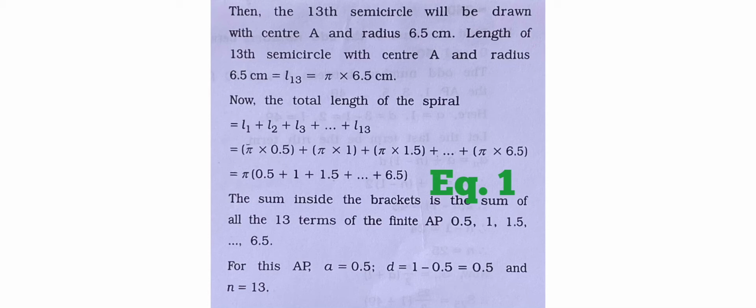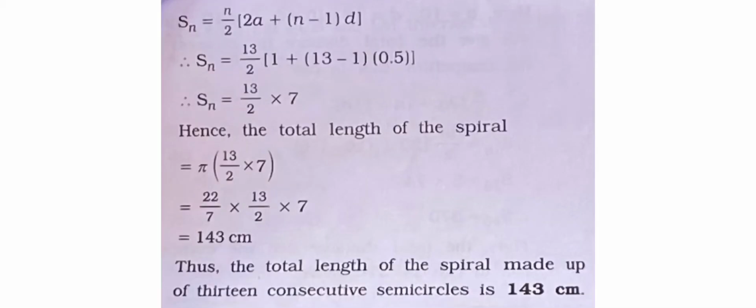Since it is forming an AP, our first term will be a is equal to 0.5. Now difference d is equal to second term minus first term, that is 1 minus 0.5, that is equal to 0.5, and total number of terms, that is n, is equal to 13. Now students, you very well know which formula we have to use if we want to find the sum of terms of an AP.